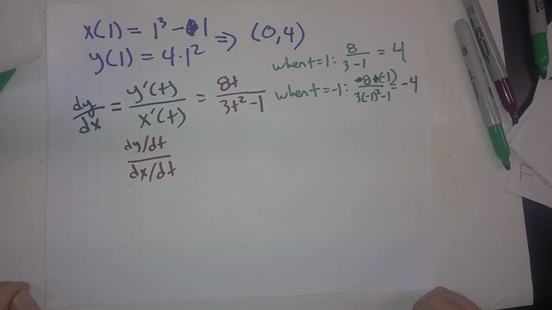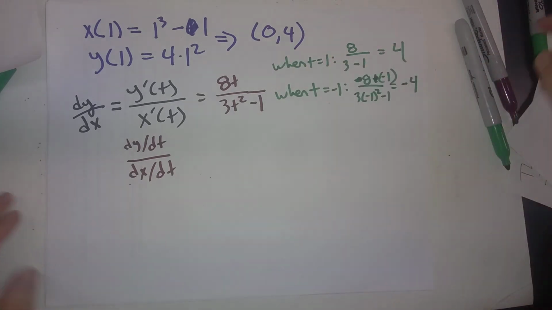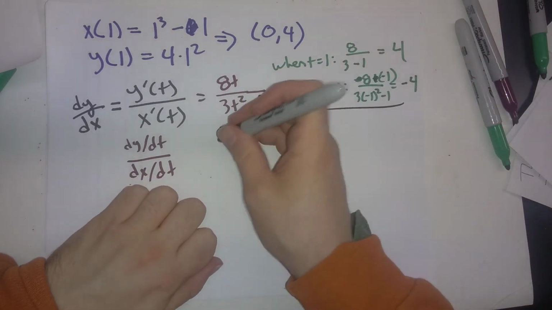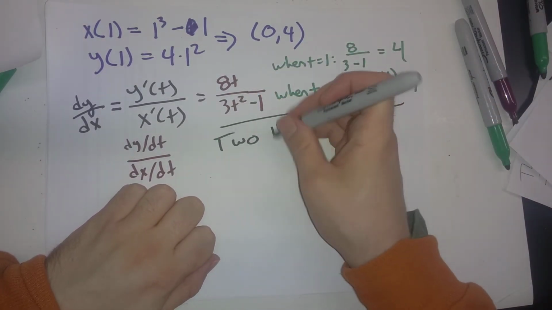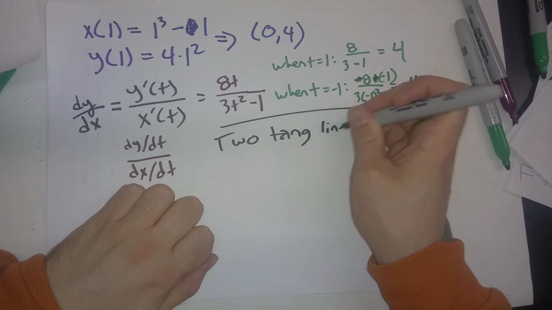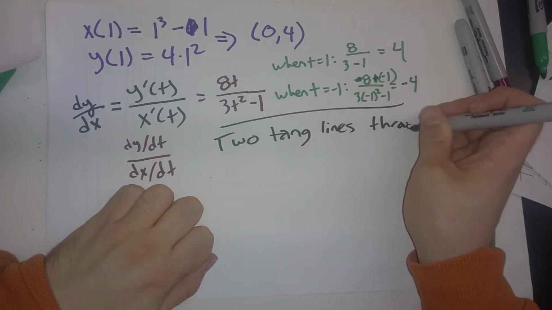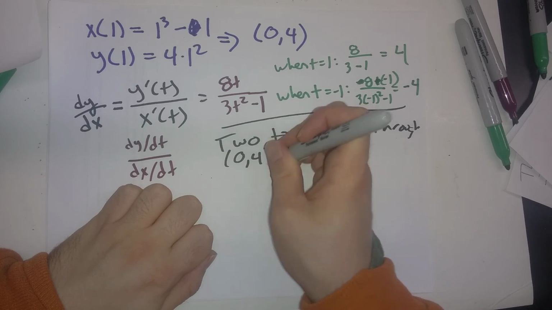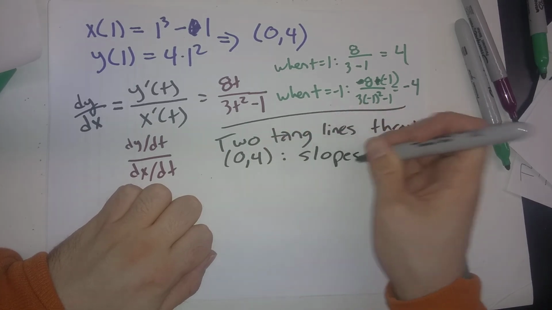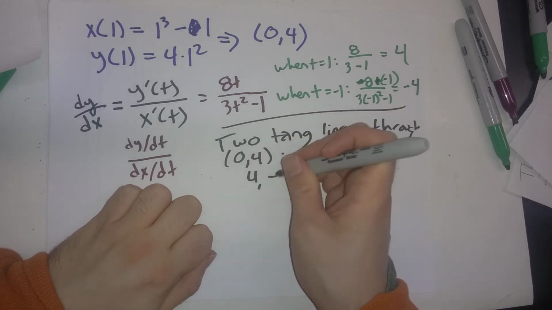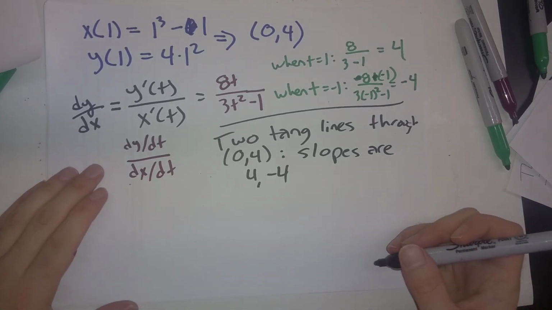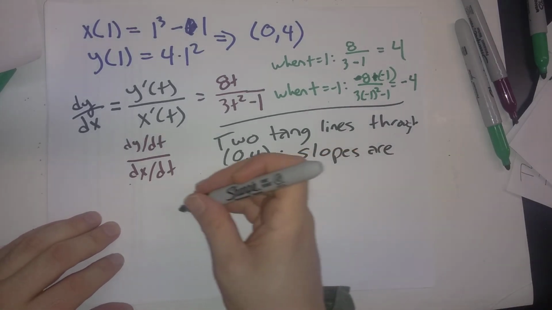So we have two lines. They both go through the point 0, 4. So two tangent lines through 0, 4. The slopes are 4 and minus 4. So our final thing is to write down the equations of these lines.